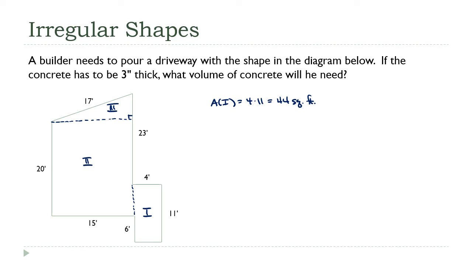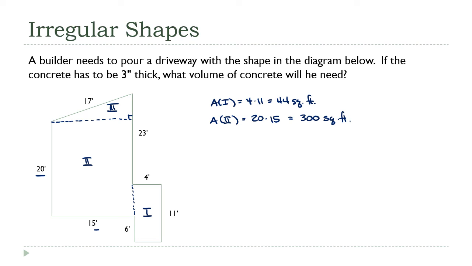Okay, so how about section 2 here? Section 2 is 20 by 15. So the area of section 2 is 20 times 15. That's 300 square feet. Okay, now how about this upper part?